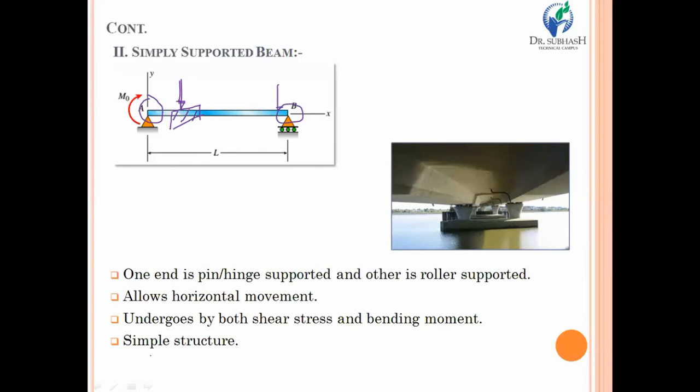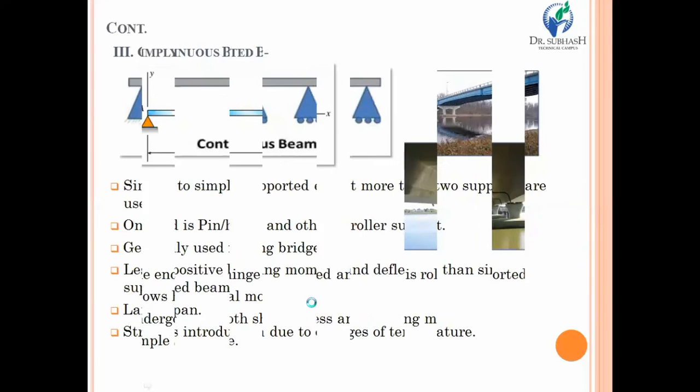So we can say that in a simply supported beam, both shear stress as well as bending moment will be set up. And the advantage, if you are looking there, is that it is very simple in structural detail. So this is what we were discussing about the simply supported beam.